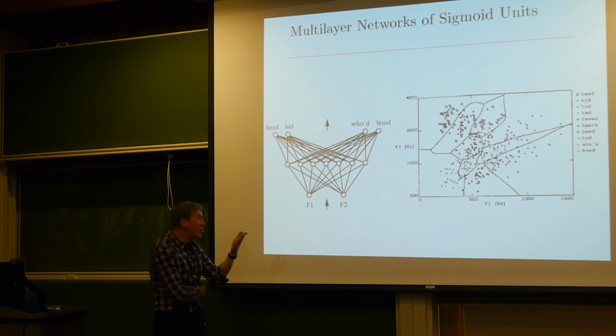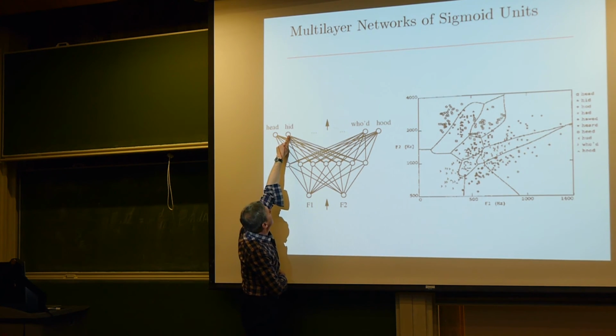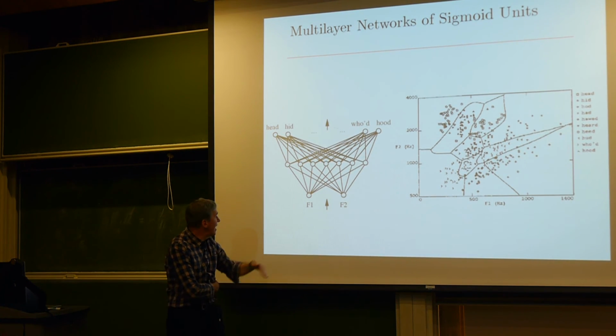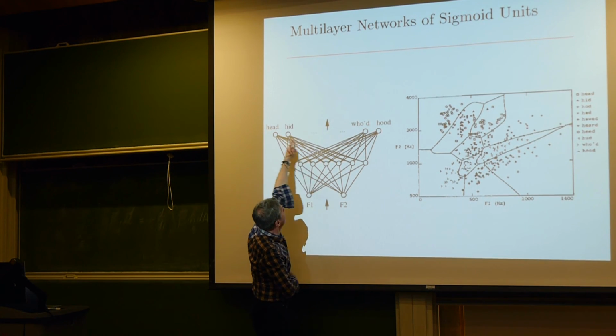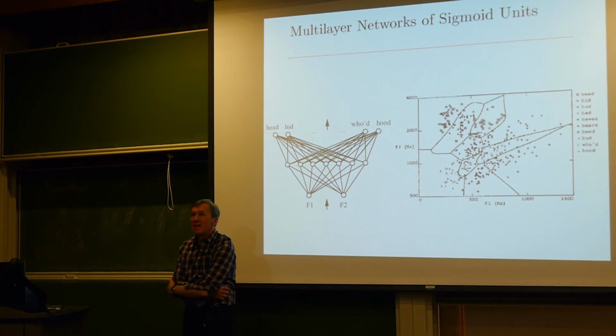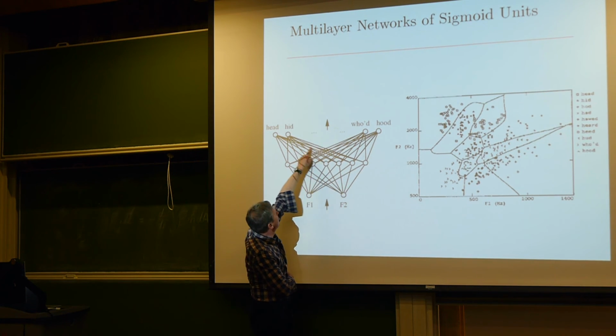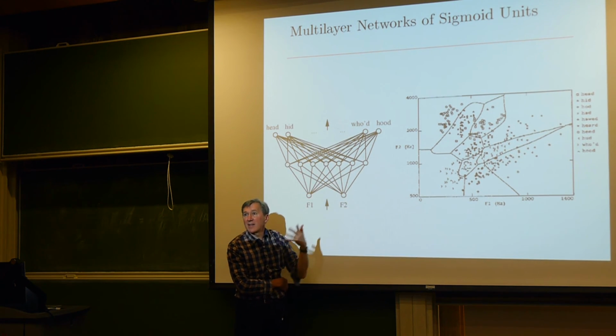So if I say the vowel, we'll make this one a 1, all the others 0. And so now we have a network that takes a vector as input and produces a vector as output. And we can try training it, which means training all the weights, one associated with each of these black lines.